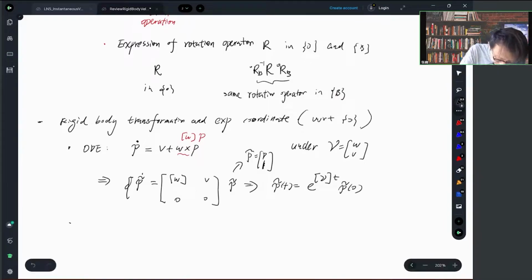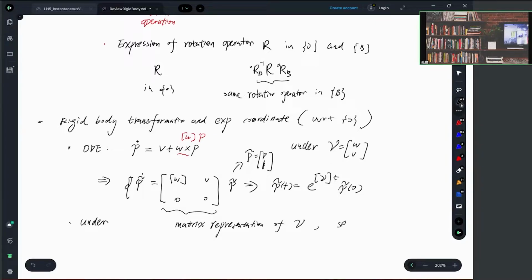Okay, and under twist, what is this guy? This is the matrix representation of the twist, and we know little se3 is all R6, all the matrix representations of twist.